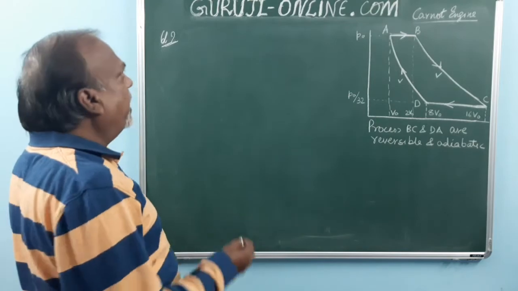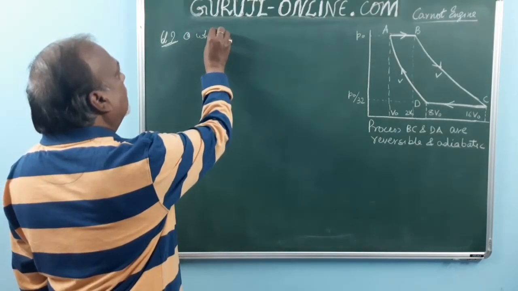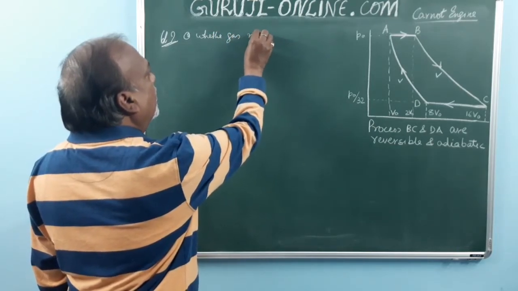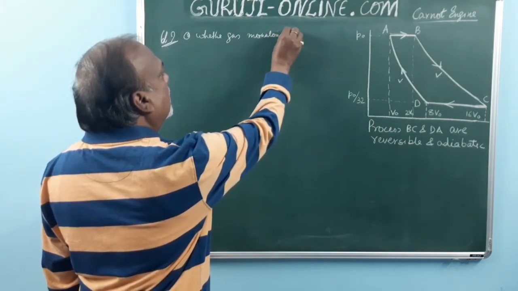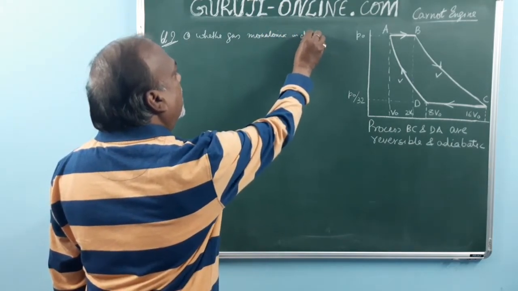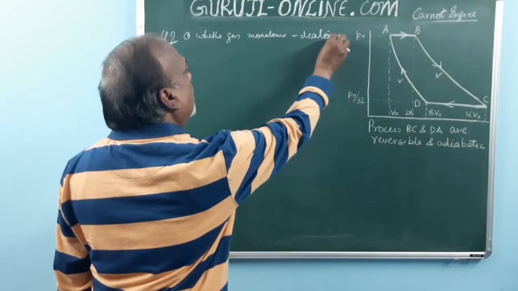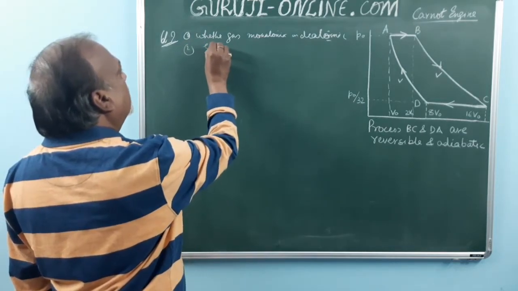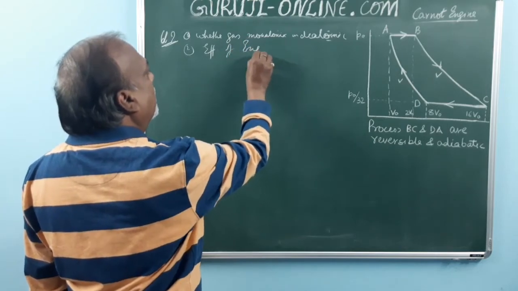So we have to find out, number one, whether the gas is monatomic or diatomic, and then we have to find out the efficiency of the engine.